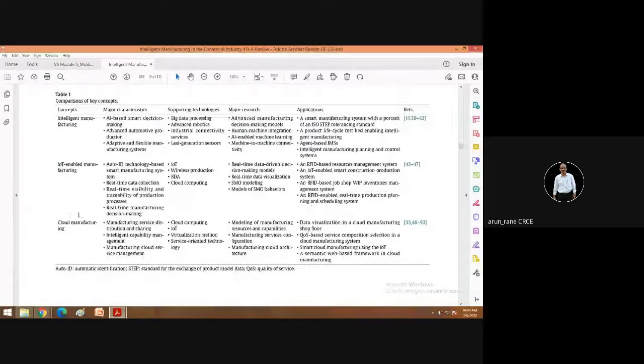So this is table 1. What are the concepts? Intelligent manufacturing, IoT enabled manufacturing, and cloud manufacturing. What are the major characteristics? AI, that is artificial intelligence based smart decision making.